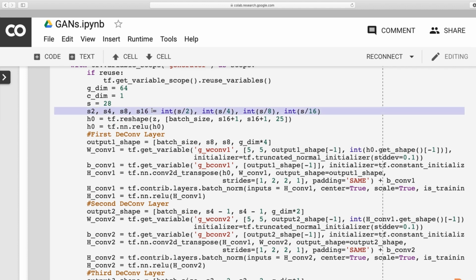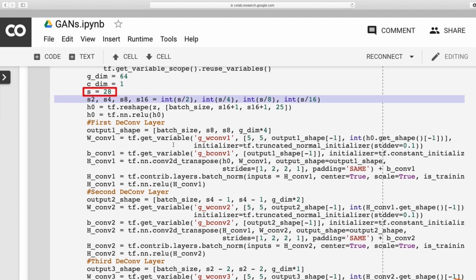These determine the gradual increase in the size of the output image. The output size is 28. Since we want to slowly upscale the image, we generate different upsampling factors, which, as I said, are called S2, S4, S8, and S16, and apply the ReLU function on the vectorized input.